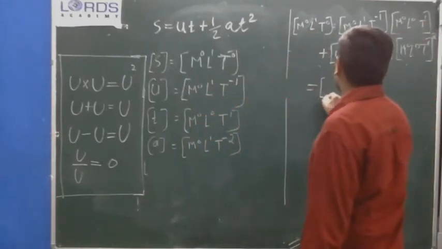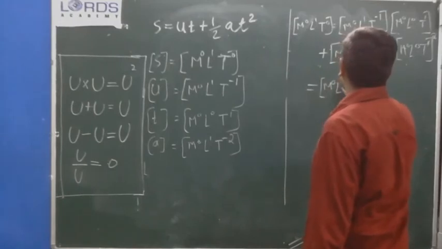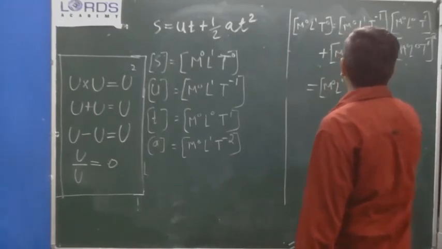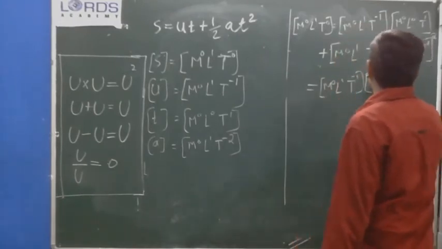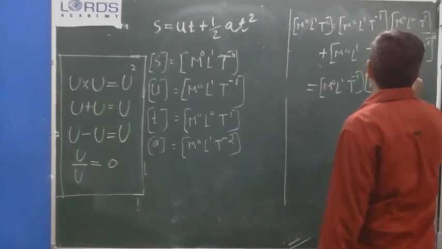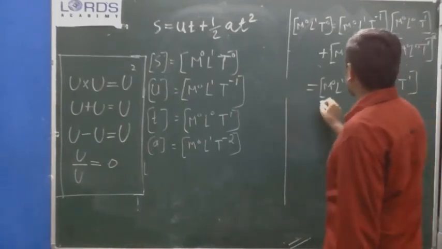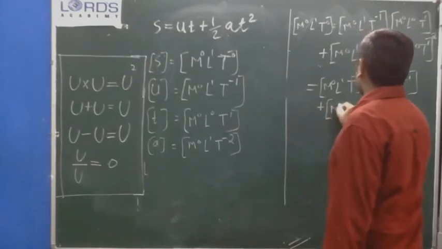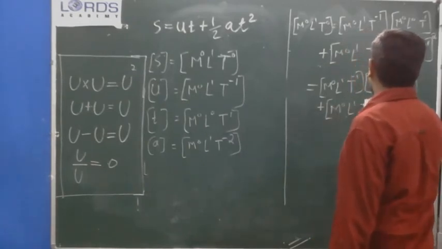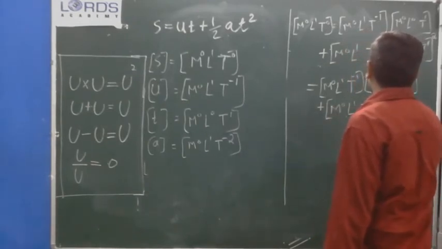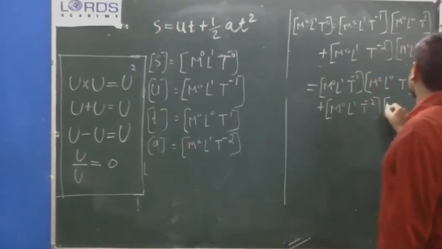So M raised to 0, L raised to 1, T raised to -1, M raised to 0, L raised to 0, T raised to 1, plus M raised to 0, L raised to 1, T raised to -2. So Stephen, what do you obtain here?